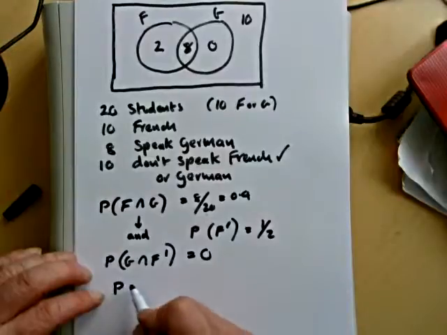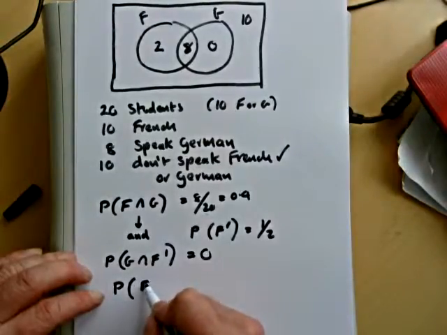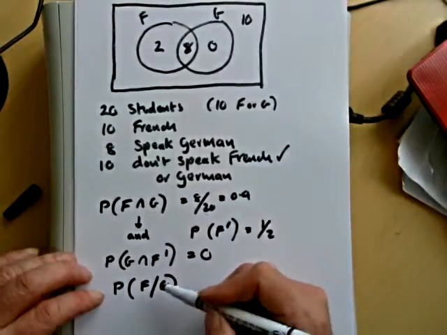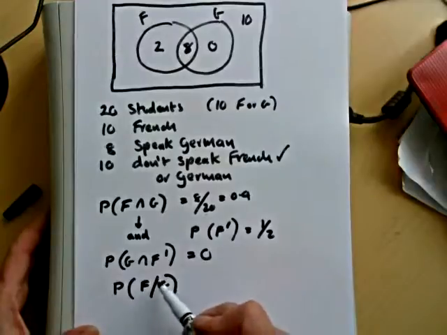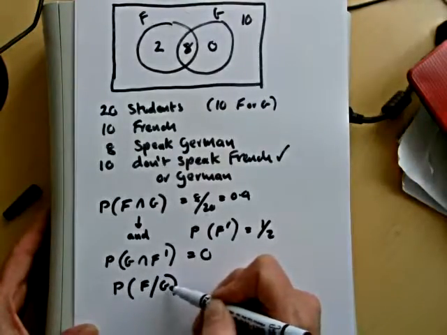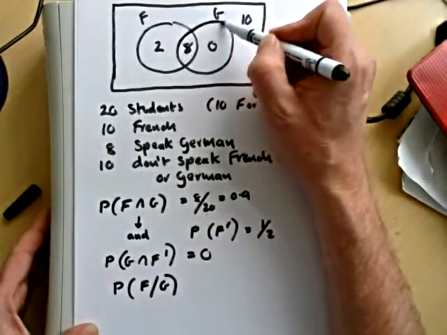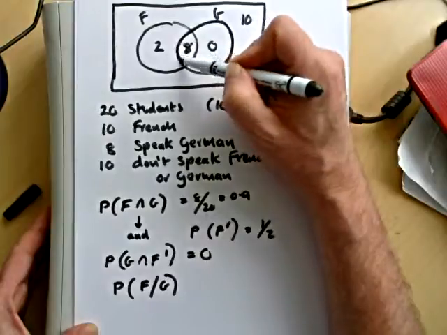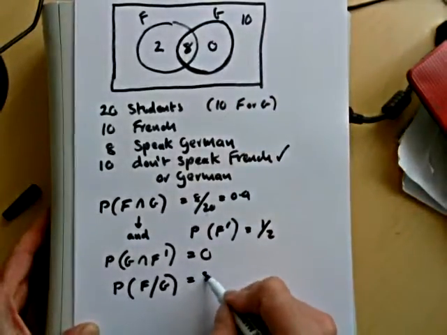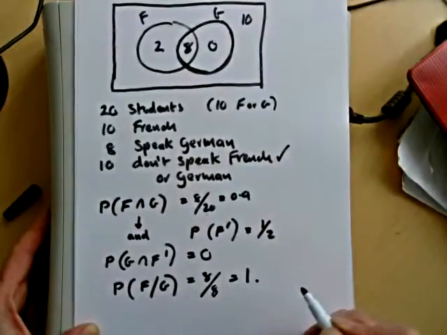What about the probability that you speak French given that you speak German? The number that speak German will be inside the G ring, and there's 8, and all of those 8 speak French as well. So it's a certainty.